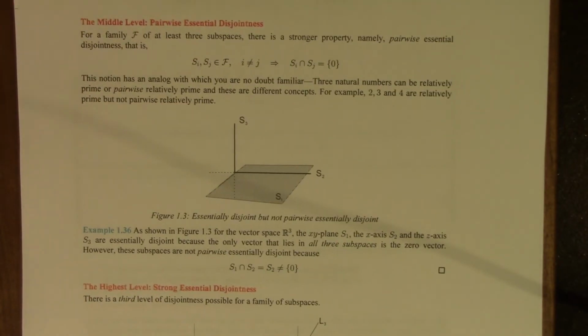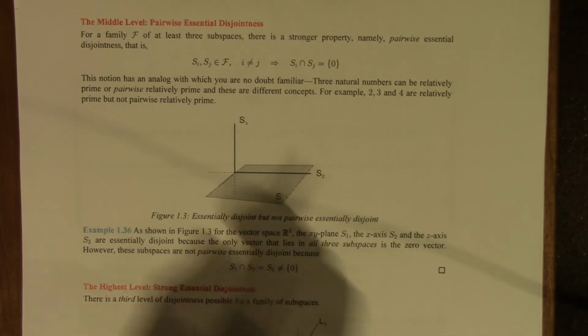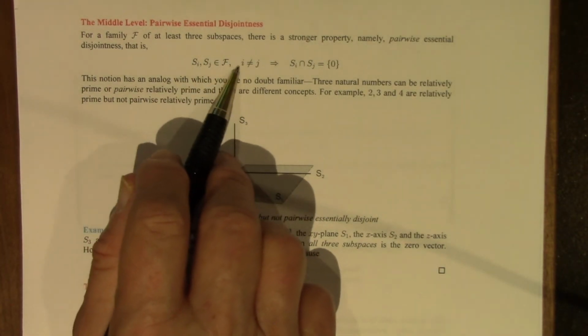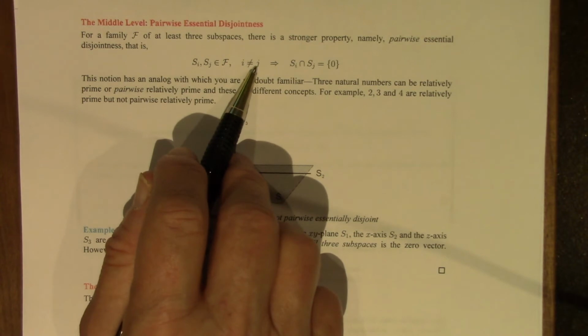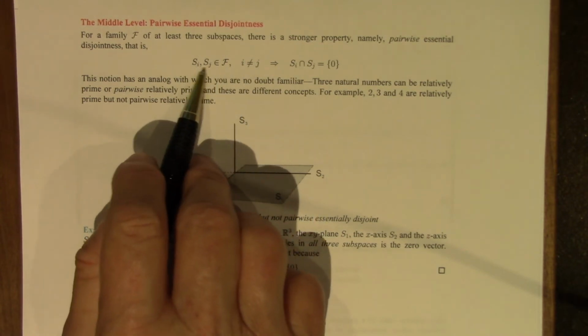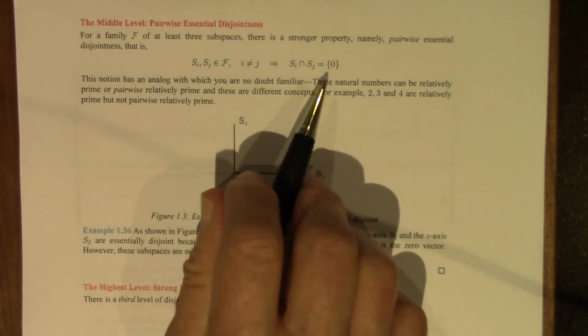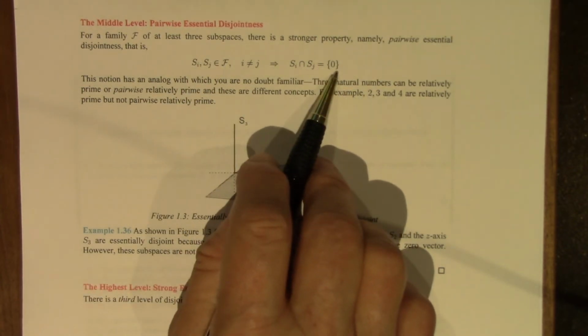The middle level of disjointness is pairwise essential disjointness, which means that if you take 2 distinct indices and look at the 2 subspaces in the family with those indices, their intersection is trivial.